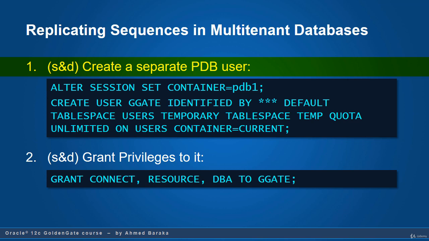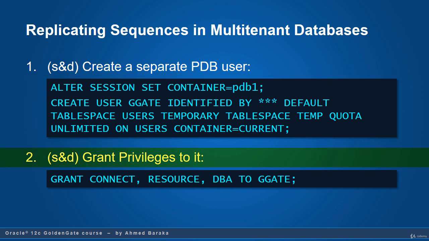The user is to be created in each database, the source and the destination. Second, we need to grant the roles Connect, Resource, and DBA to the user. To me, those privileges look very strong for just replicating sequences, but again, this is what Oracle documentation instructs us to perform.